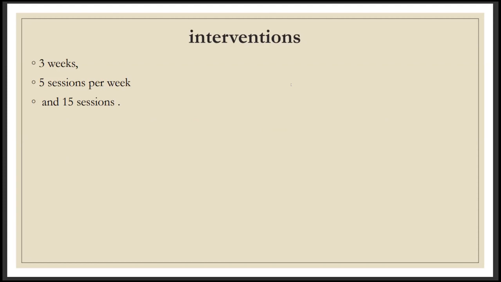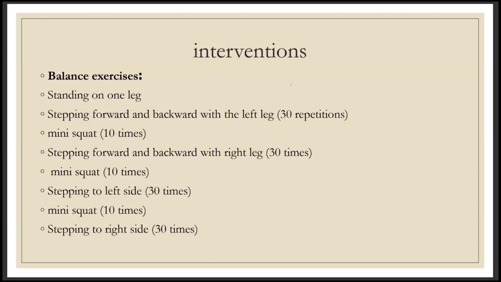Balance exercises were standing on one leg, stepping forward and backward with the left leg for 3 repetitions, mini squat for 10 times, and stepping forward and backward with the right leg 3 times, and mini squat stepping to the left side, mini squat stepping to the right side.